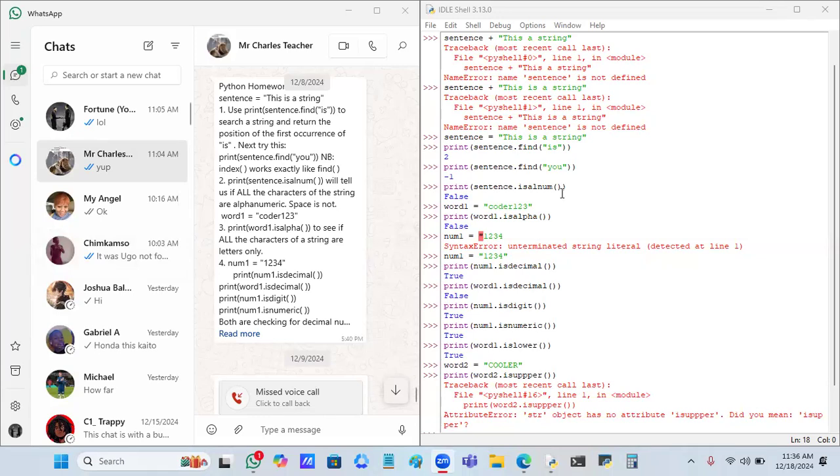That's alphanumeric. What do you think it would have returned for that coda 1, 2, 3? It would have returned true.